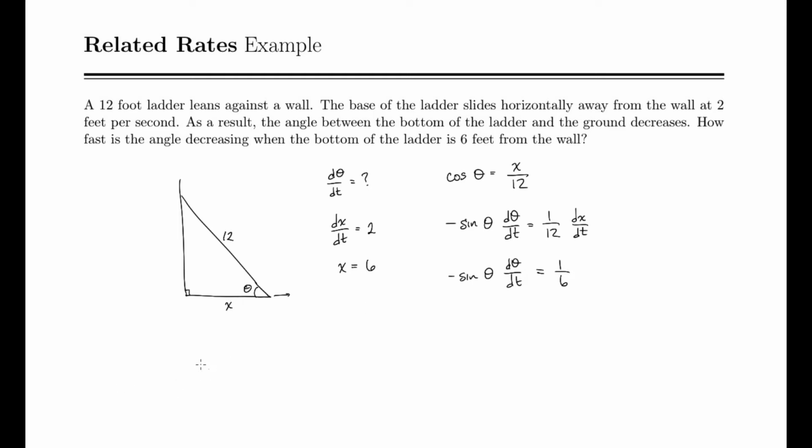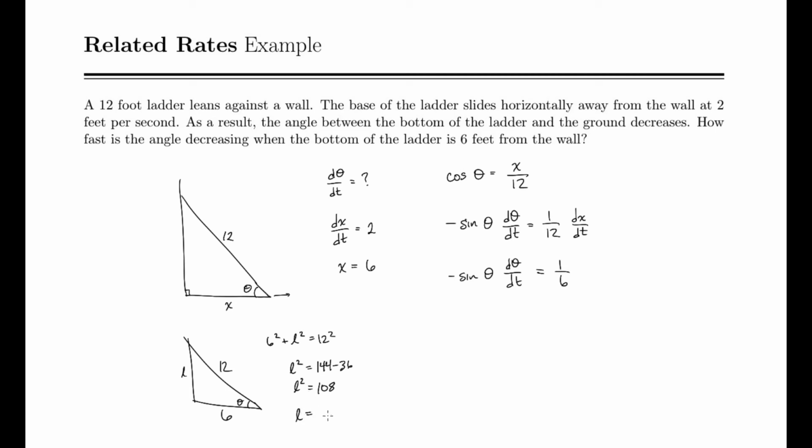And so now we're looking at a right triangle with a leg length of 6 and a hypotenuse of 12. And so we can solve for the opposite side. And so if we just call that L, then 6 squared plus L squared equals 12 squared. So L squared is 144 minus 36, or 108.